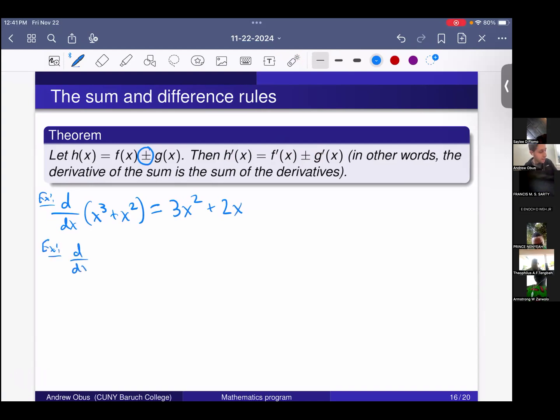If I had d dx of x to the 6th minus x to the 4th, this would just become 6x to the 5th minus 4x cubed. Okay? So if you have a sum or a difference of 2 terms, you can just take the derivative of each term and do the sum or the difference. So you can do them one by one.